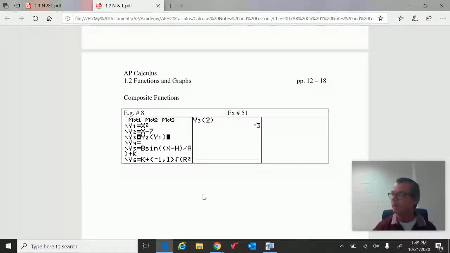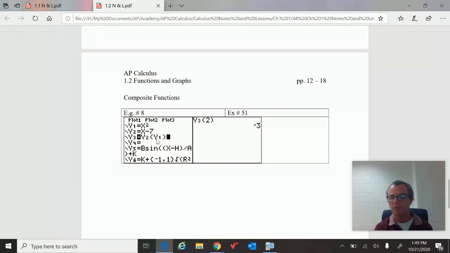So if we want to do composite functions on the calculator, we type vars, y-vars, function mode, and you type the outside function, which in this case, the textbooks ask you to do f following g. So g is the input. So you want f of g.